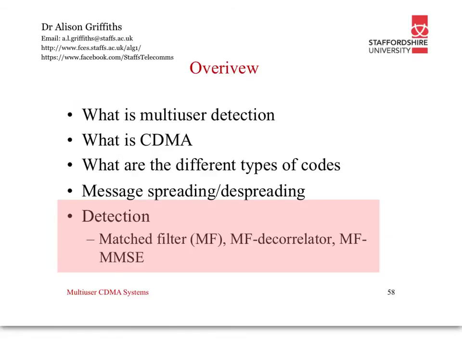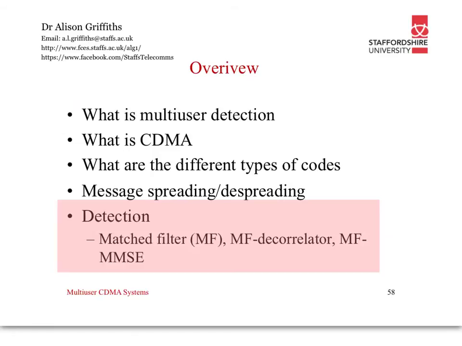So the final section, after talking about message spreading and despreading, is the actual detection. Once we receive our signal, in reality, there are three different types of detectors. They're all known as the matched filter family, from the simplest to the more complex.